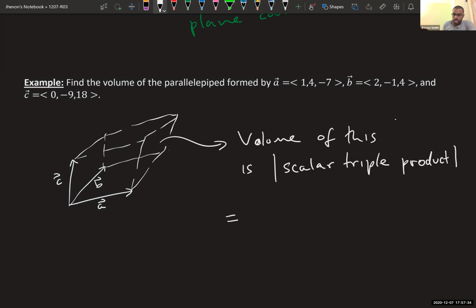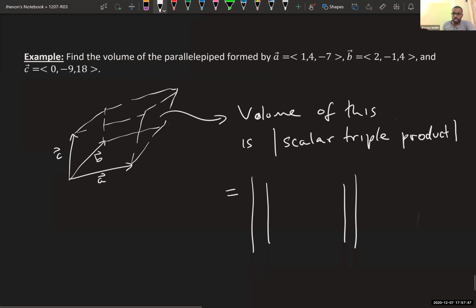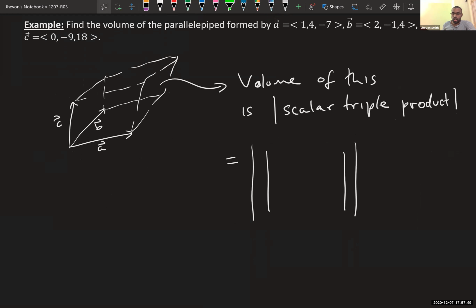And that is literally the magnitude of the determinant, if you like. Technically, it's one of the vectors dot the cross product of the other two, but it actually turns out it will be as if you're just taking a determinant with the three vectors lined up.